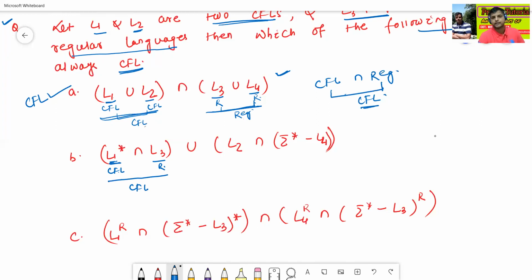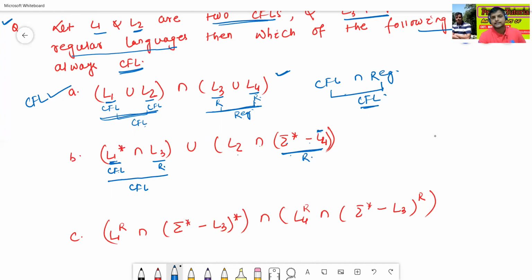Now we'll take the union. L4 is regular. Sigma star minus L4 is called the complement operation. The complement of a regular language is always regular. So this part is regular.